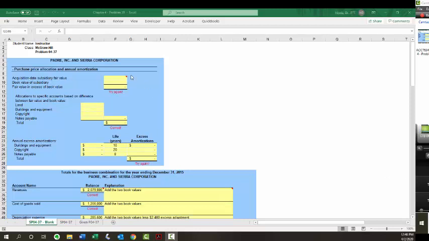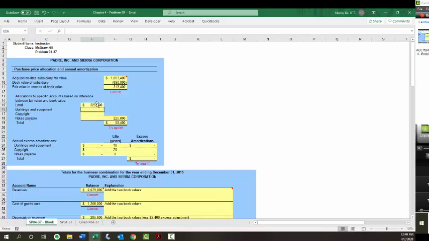So the acquisition fair value is given to us at $1,003,400. We had $690,000 in book value, giving us an excess over book value of $314,000. We had land that had a fair value of $290 with a book value of $65.